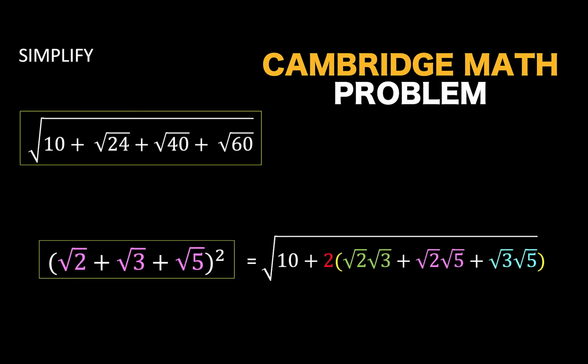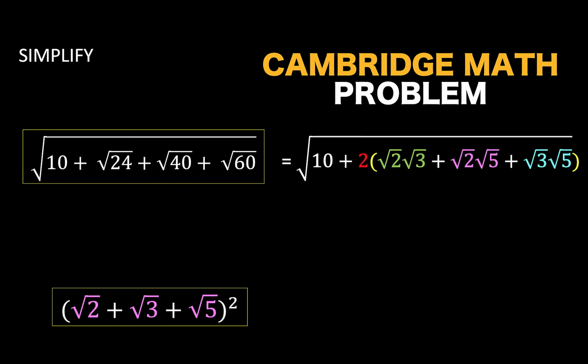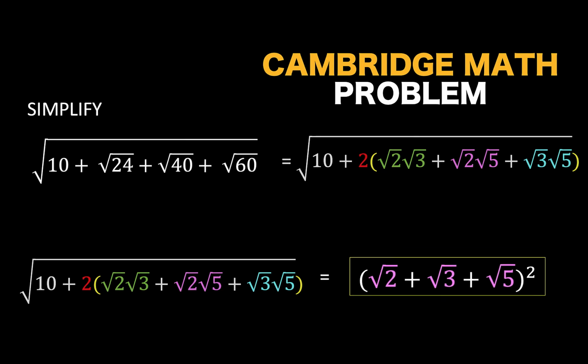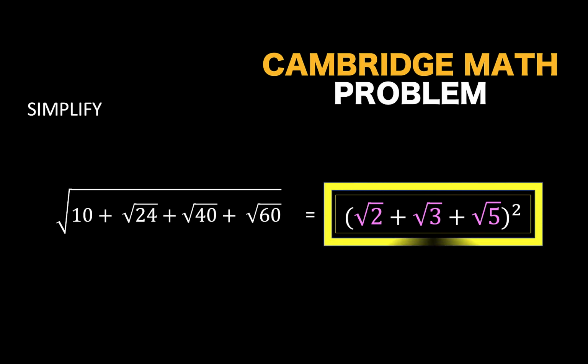What we now have here is this part is equal to this result, but this result is equal to the given expression. And by transitive property of equality, we now therefore say that the value of our original expression is equal to the square of the square root of 2 plus square root of 3 plus square root of 5, and that is now our simplified form.